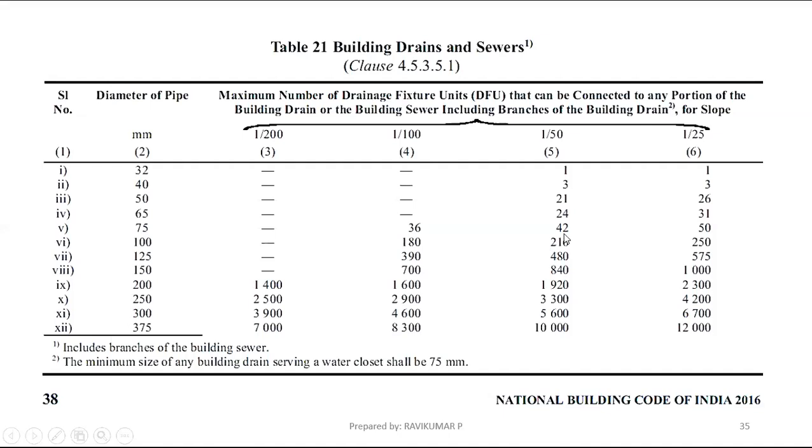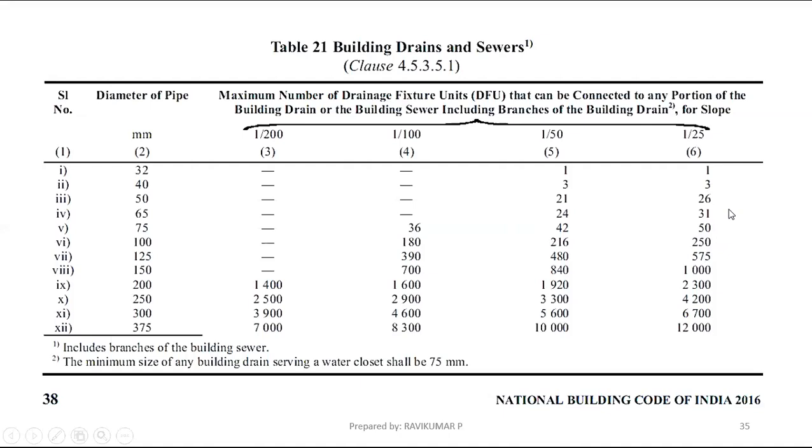We will mostly run the 100 mm pipe at 1:100 or 1:70 only. In the worst case, if you go to a hill station project, you will get more slope, so at that time you can connect like this. If you are running at 1:25, you can connect 250 fixture units.